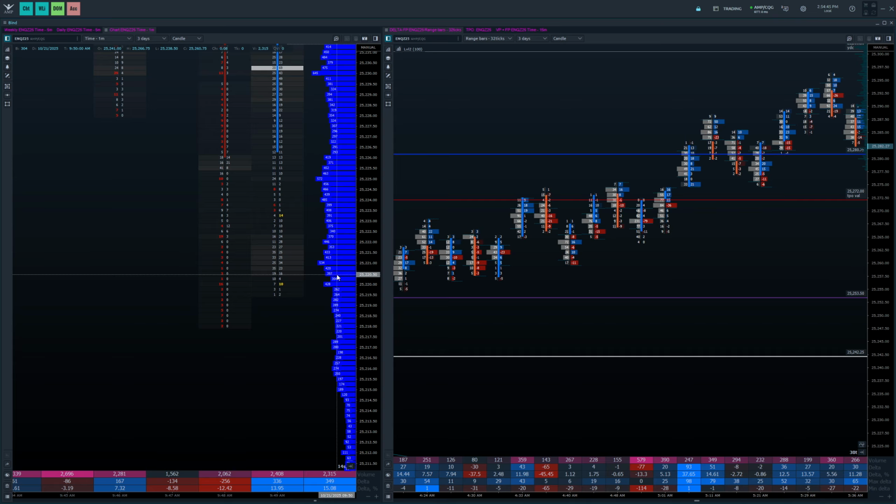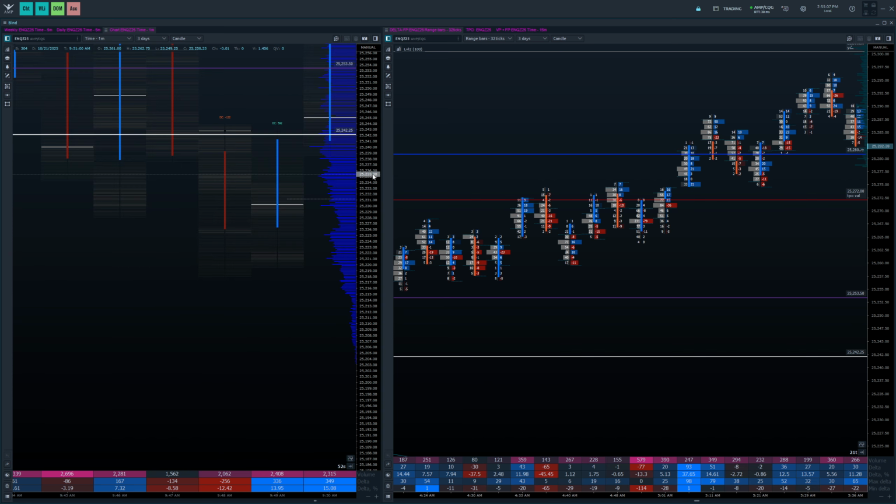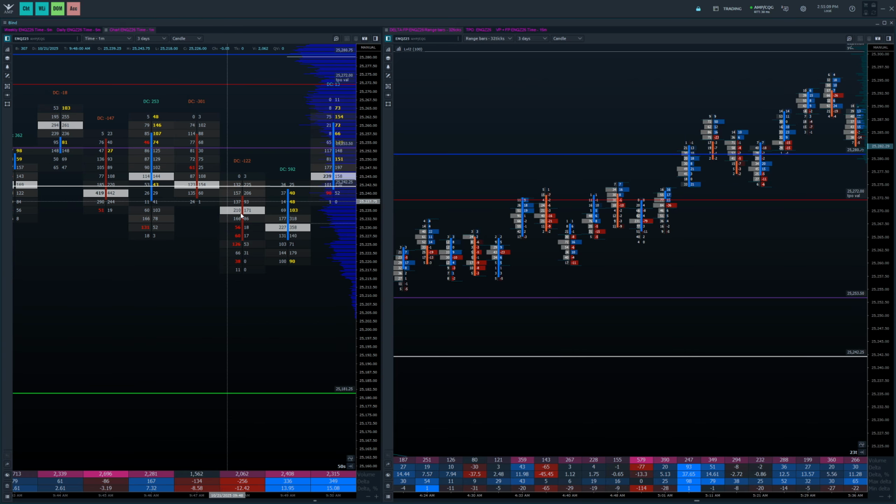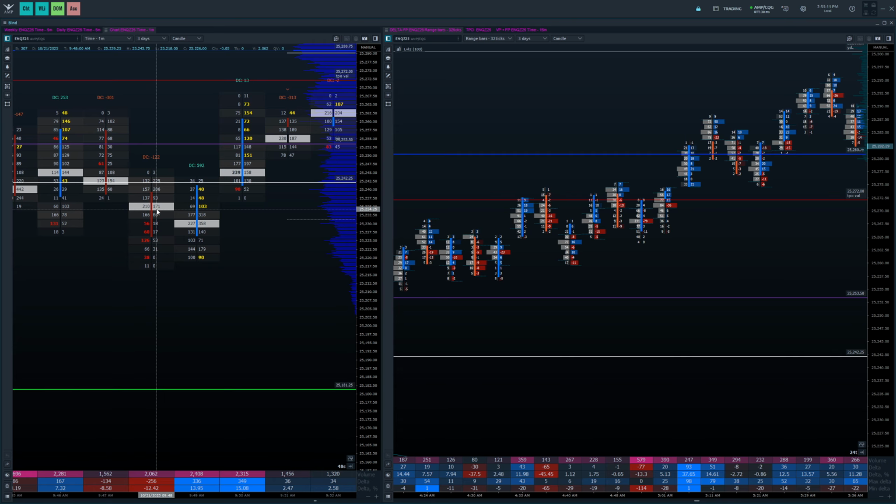People were setting limit orders here, and these aggressive sellers, these aggressive people hitting the bid, came down and interacted with a passive buyer here, and that passive buyer took all of this liquidity and sent the market higher. All right, so you can read that as absorption on these stacked imbalances.